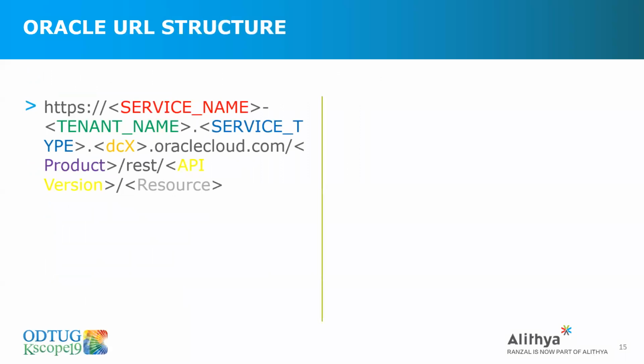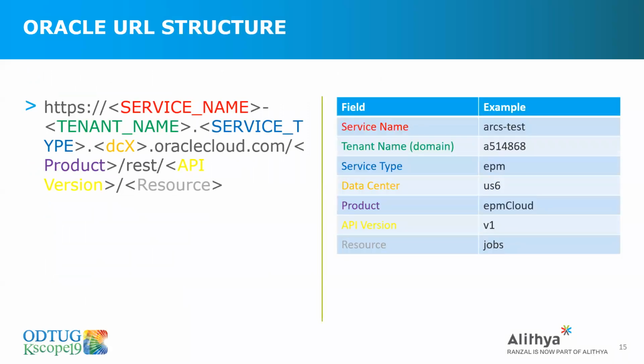Let's talk a little bit about REST API URL structure, because everything's happening through a URL. So here, when we look at one, we've got multiple components that make up the cloud URL structure for a REST API: the service name, the tenant name, service type, data center, product, API version, resource.